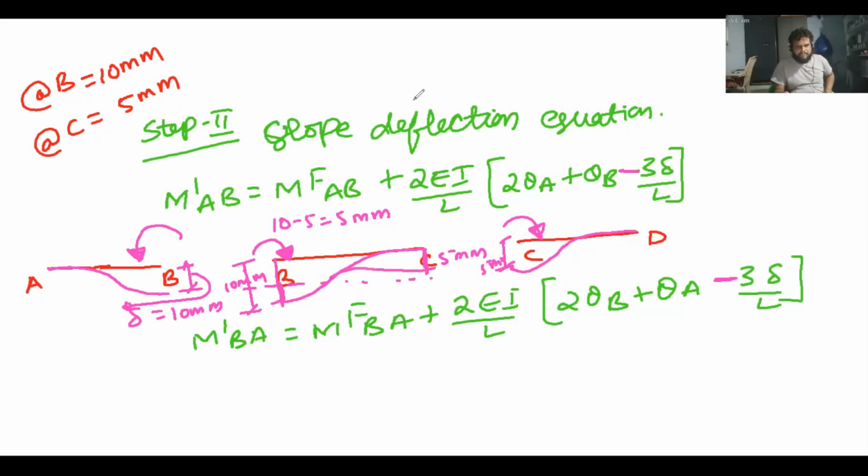So here there is a sinking and here also there is a sinking. This is 10 and this is 5. 10 minus 5 is 5. But what type of moment is required to create that 5 mm of sinking? Clockwise moment. That is the story in BC span.